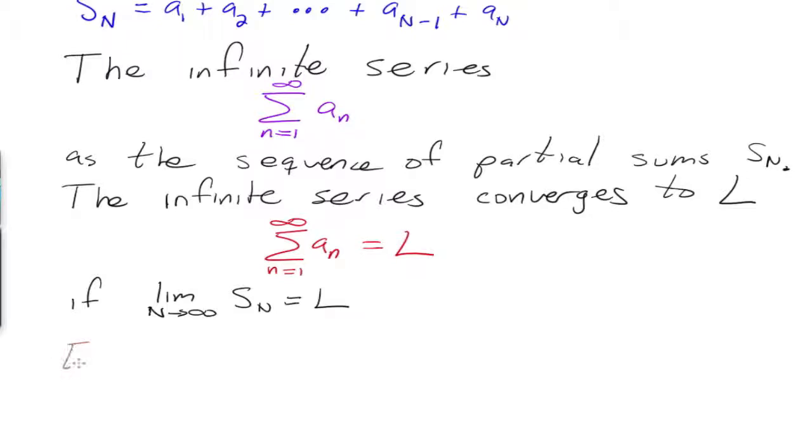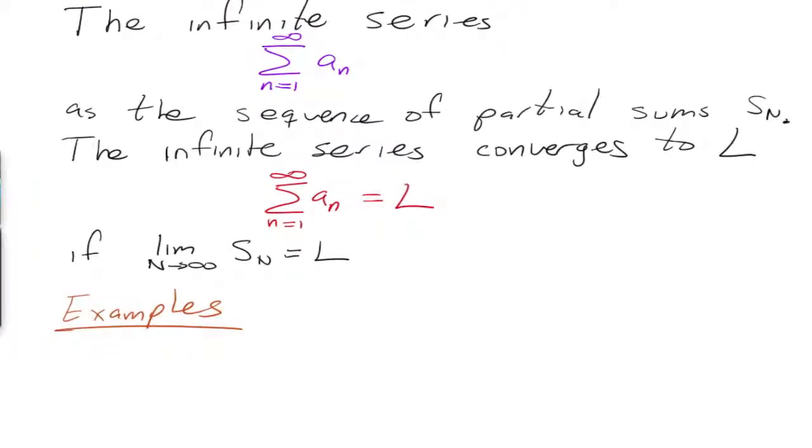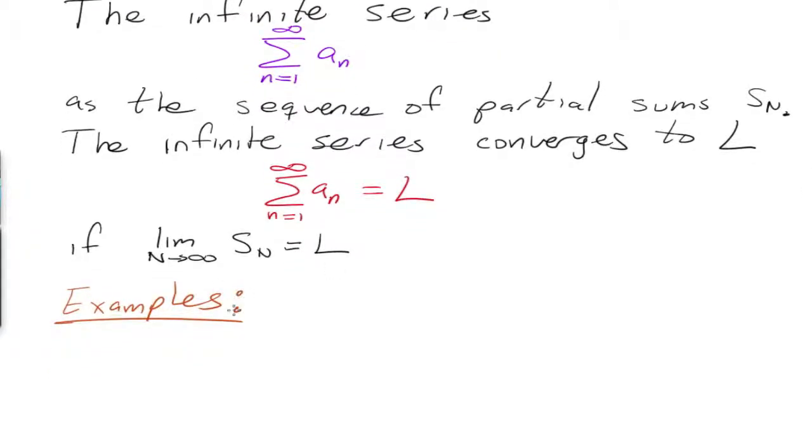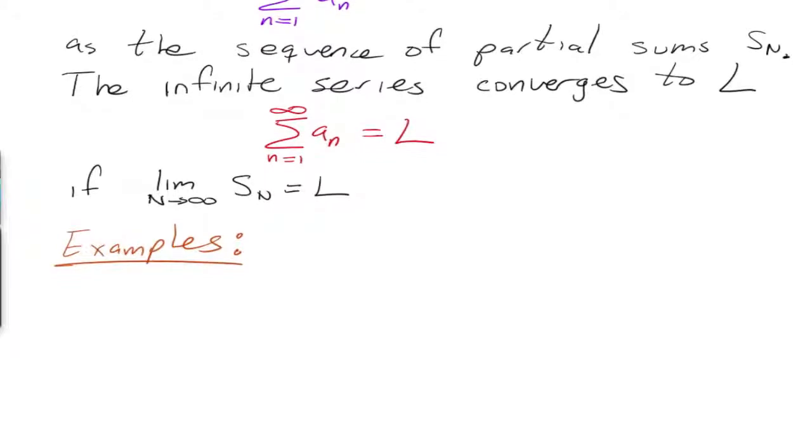Okay, now, so let's do some examples of infinite series. Typically, more often than not, you can't actually find what the sum is, so we're going to focus on finding out whether it converges or not.